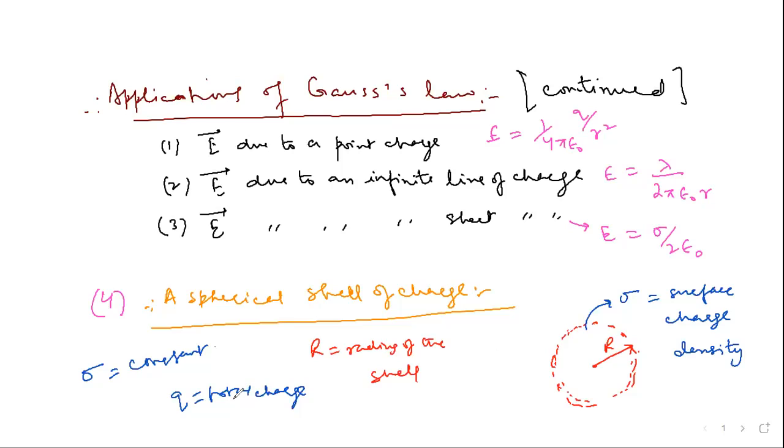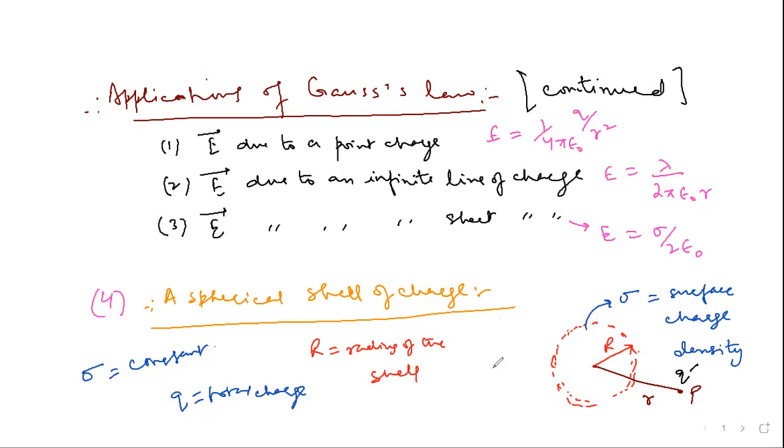It has charge Q. Now, first shell theorem says if I select some point P outside the shell, which is R distance from the center of the shell, and if I place some charge at point P, let that be Q prime, then this will behave as if it's a point charge located in the center.